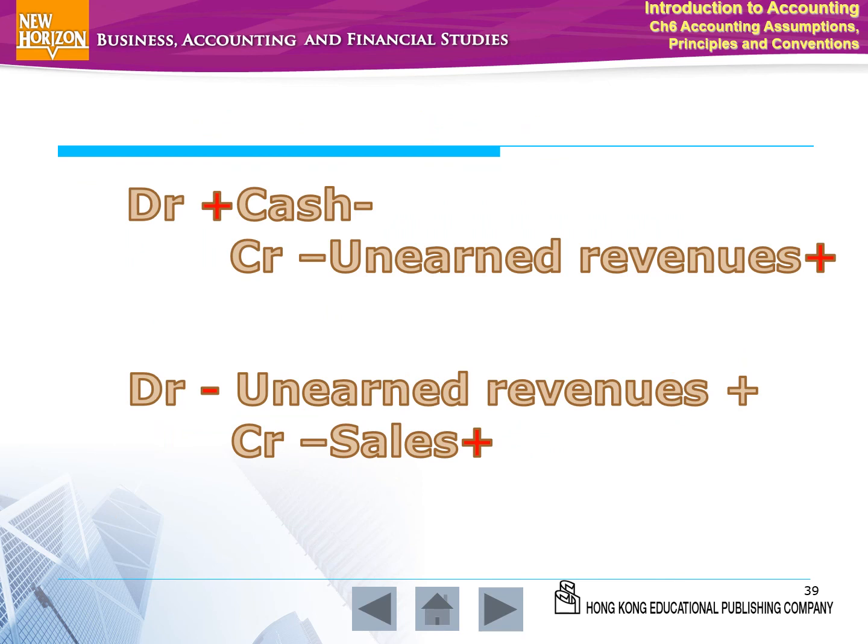When preparing the journal entries, when the cake shop has sold the coupons to the customers, the shop will debit cash. Just look at it, plus minus. That means we debit cash, to increase the amount of cash in the business. But such a sale of a cake coupon has not provided services or goods to the customers.